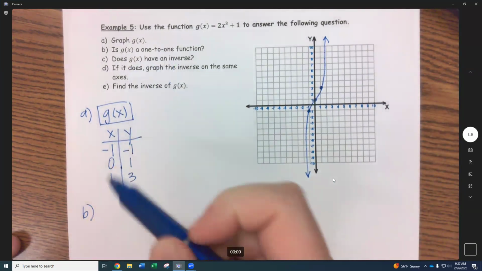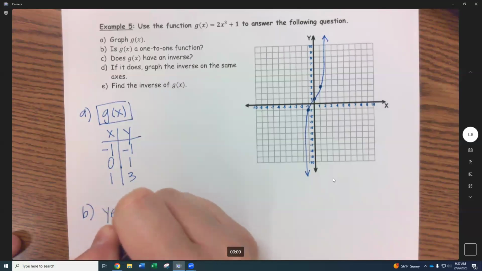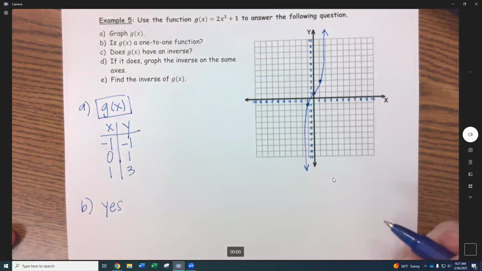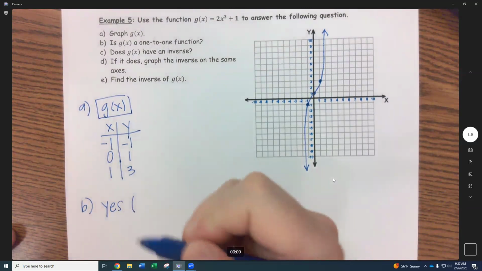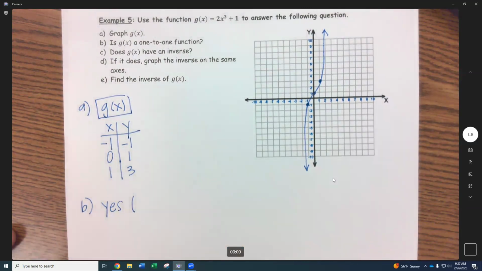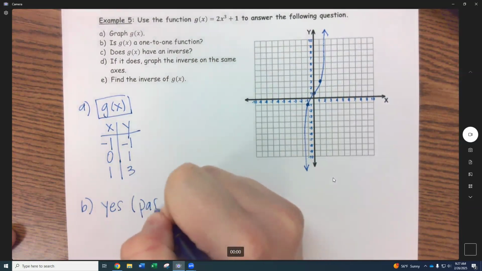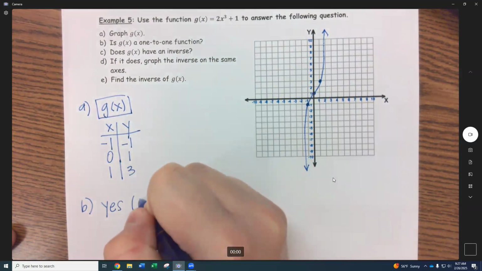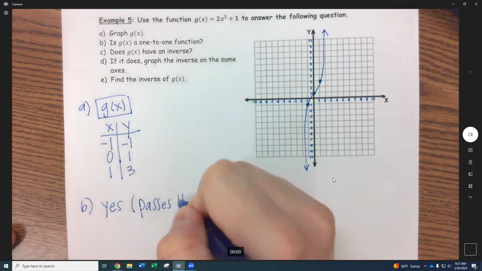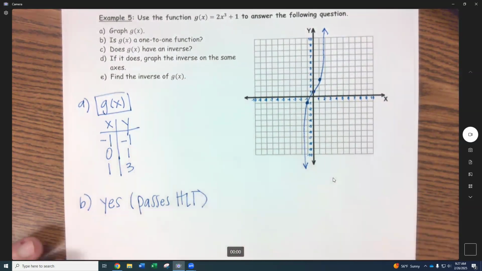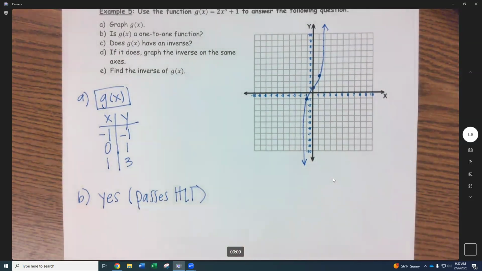So is this graph one-to-one? Yes. Now you can just leave that like that. But if this was my notes, I'd want to know, why is this a yes? And it's a yes because it passes the HLT, the horizontal line test.